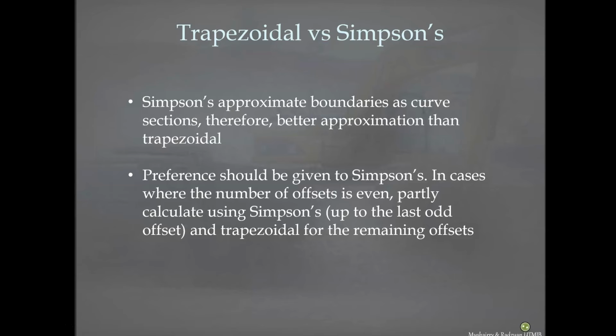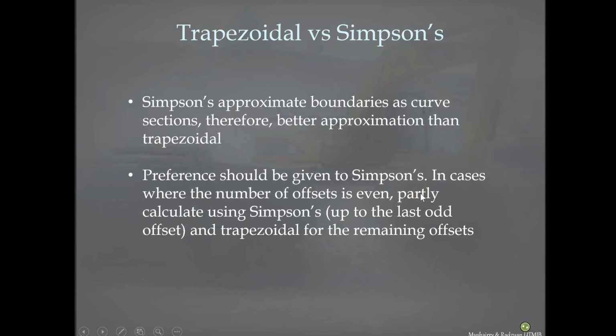So in cases where you have an even number, you could either use trapezoidal all the way, but to make the approximation a bit better, I would recommend to use Simpson's up to the last odd offset, and the last strip will be using trapezoidal.